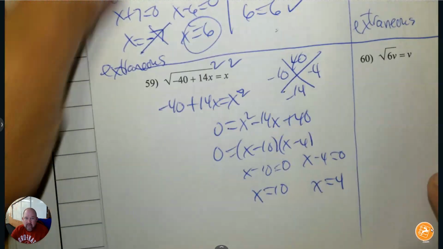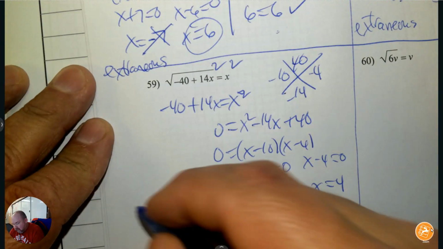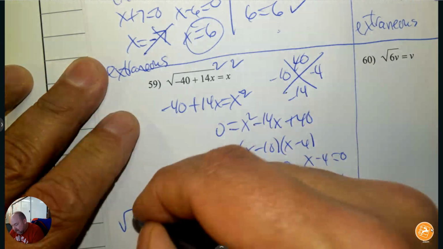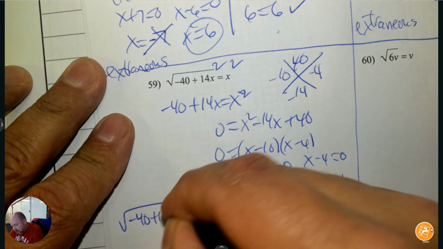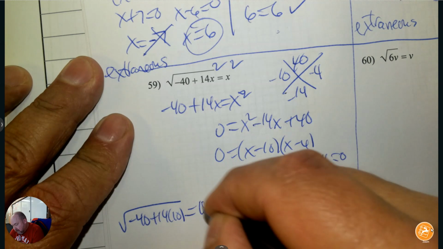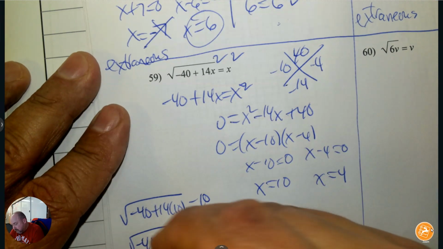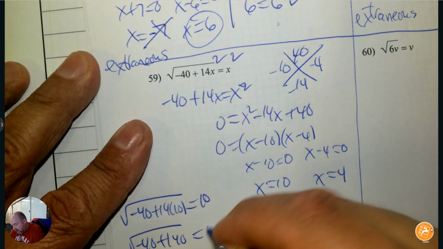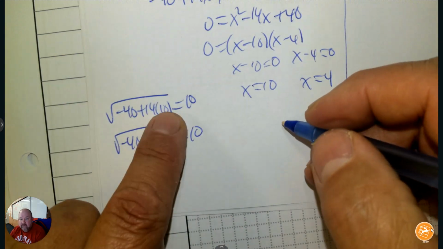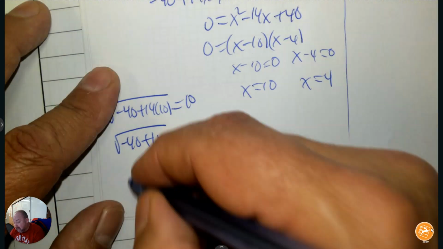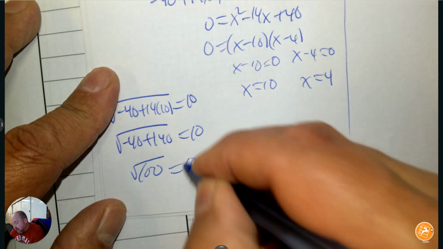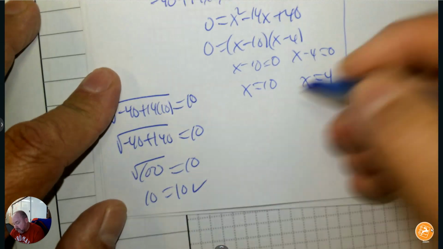Let's see if they work. So if I plug in 10, does it work? So 14 times 10 is 140. Subtract it to 100. Is that the square root of 100? Yes. So that one works.